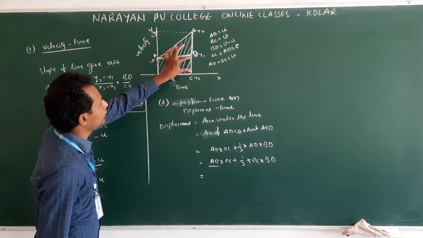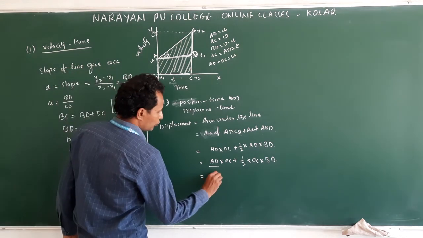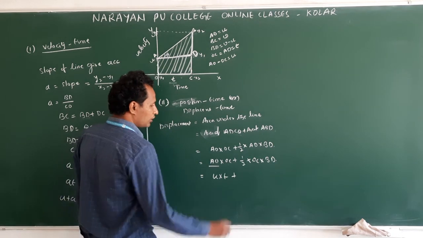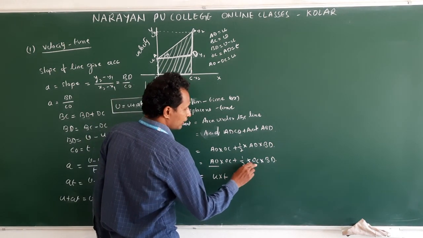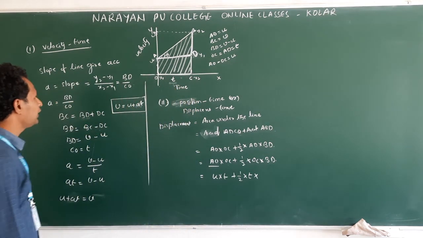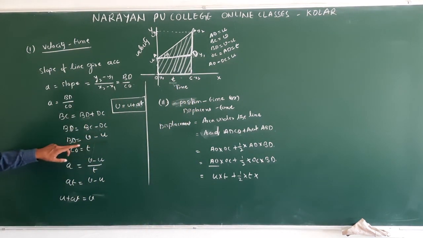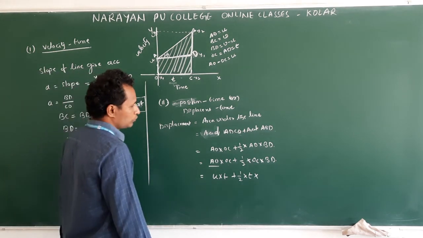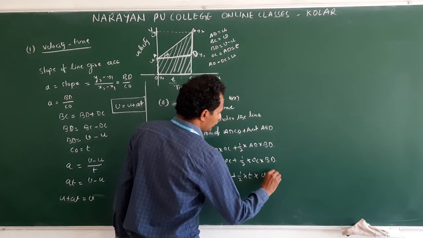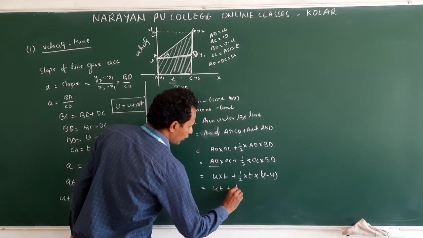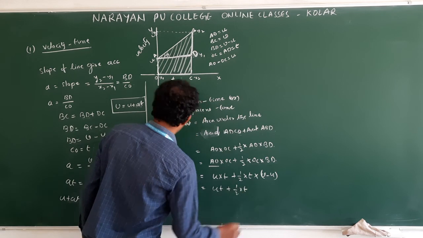This line is parallel. So u into t plus half. What is OC? t. What is BD? v minus u. Clear? So this is ut plus half into t into (v minus u).